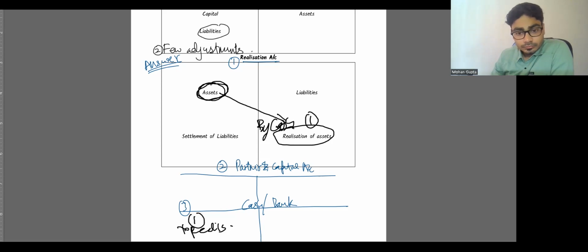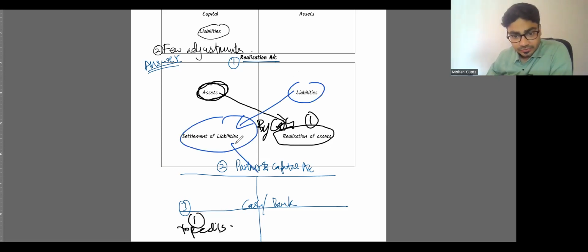Realization of assets will go on the credit side of realization account and debit side of cash and bank account, and payment of liabilities will go on the debit side of realization account and on the credit side of cash and bank account.